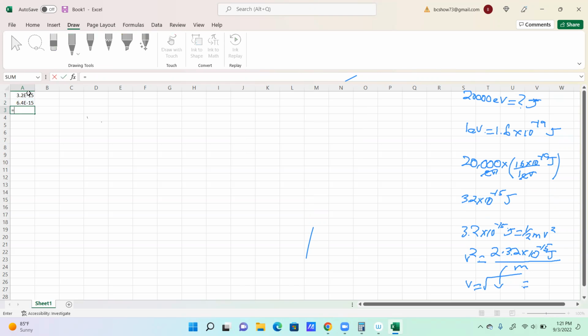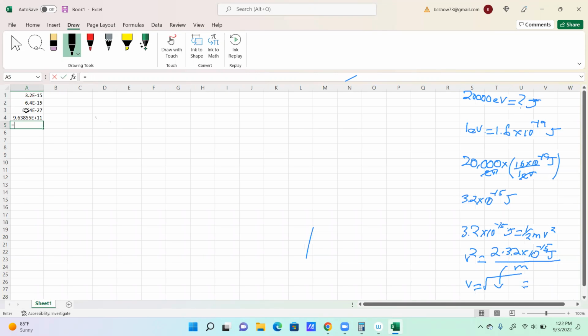And then the denominator here is going to be the 6.64 times 10 raised to the minus 27th. That's going to be equal to that divided by this. And then I'm going to take the square root of this. And so I come up with 981,761. Now, indeed, is this what we have?